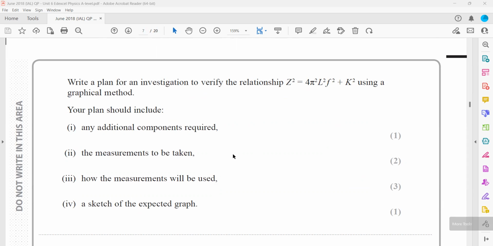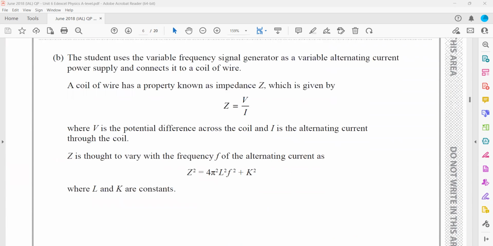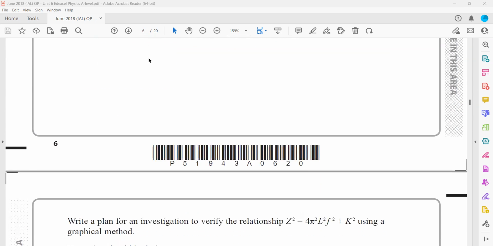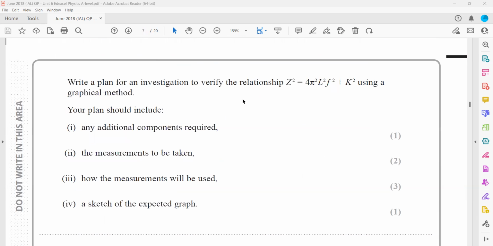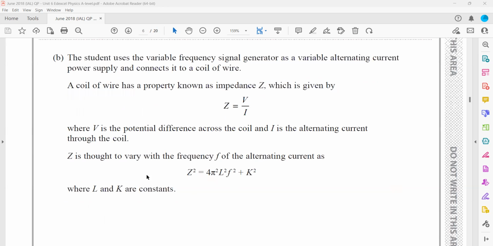State the additional components we need, because V is the voltage and I is the current. So what are the things we need? The additional components we need to measure Z are a voltmeter and an ammeter. The measurements to be taken: what measurements do we have to take? f is the frequency.